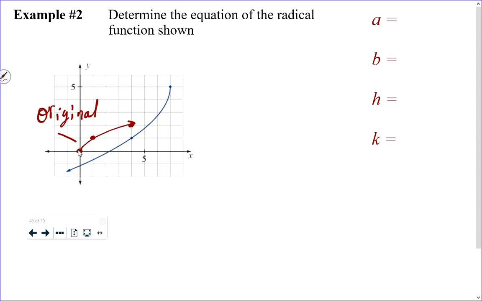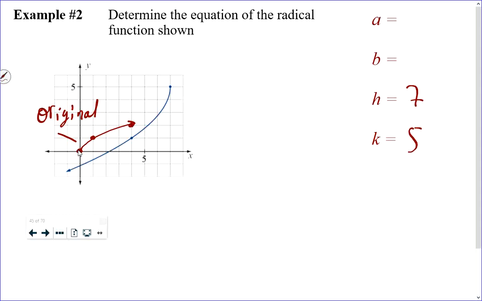I don't care that a and b happen first. a and b will not move the vertex, which means the new vertex is determined solely by h and k. Since the new vertex is at (7, 5), after a and b are applied, we must shift the graph 7 to the right and 5 up. Doesn't matter what a and b are. They're not going to move the vertex. The only things that will move the vertex are h and k.